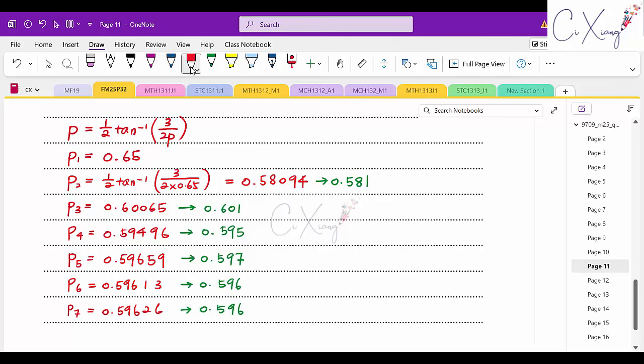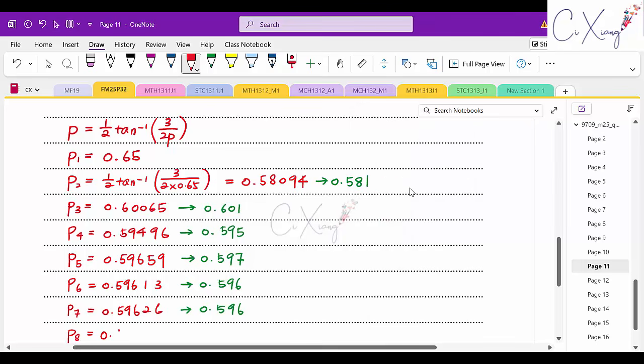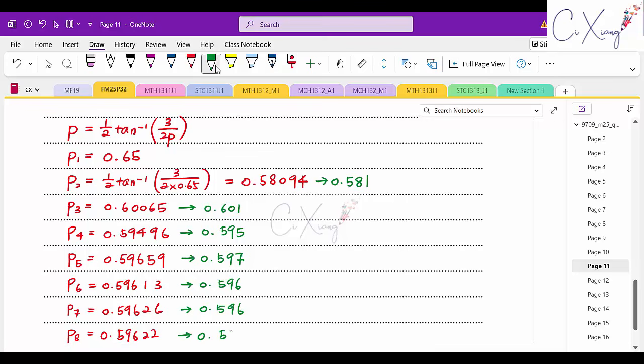Okay, for me personally, I usually want to make sure that it is safe. I will still continue with one more extra one. All right, so press calculate, then 0.59626 equal sign. Then you have 0.59622. So when you look at this one, right, the 3 decimal places answer is still 0.596.